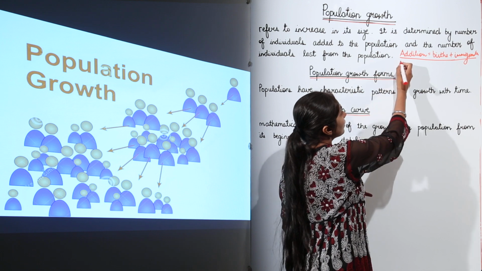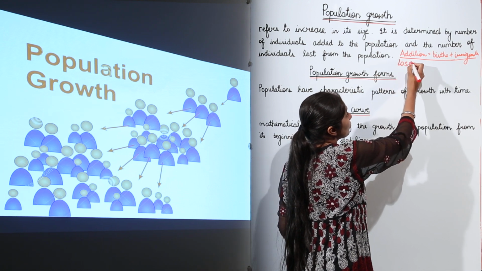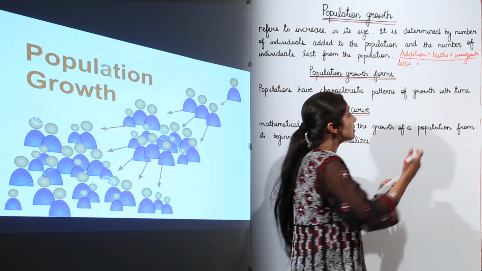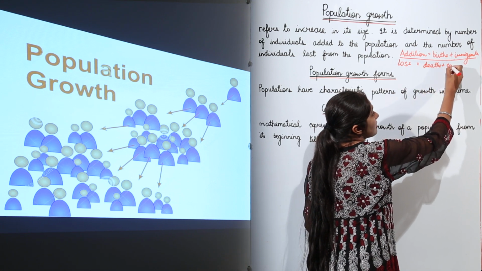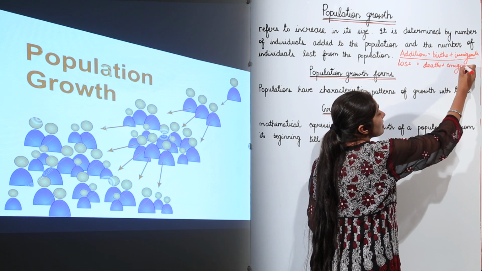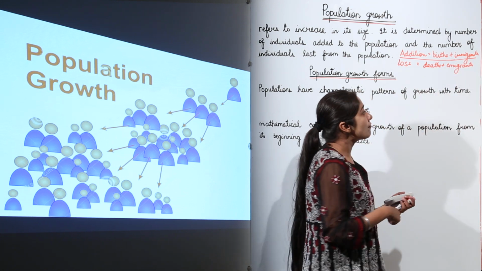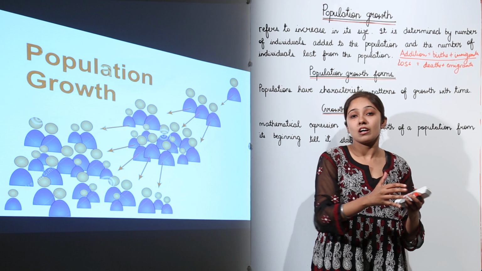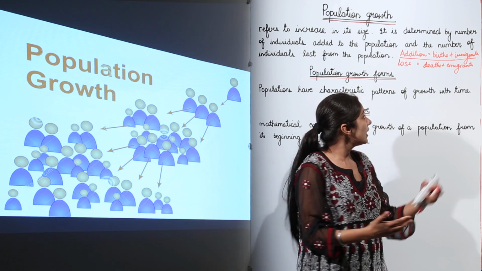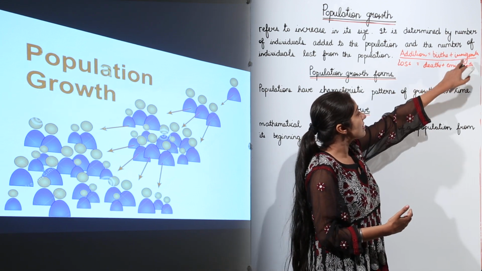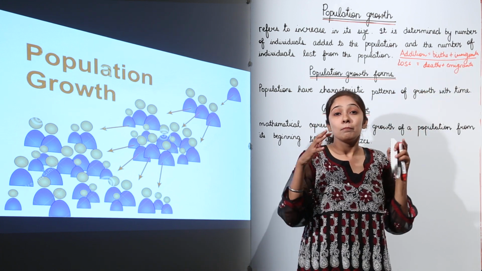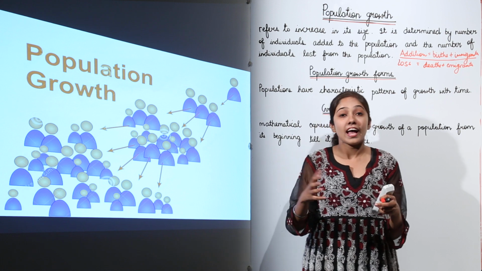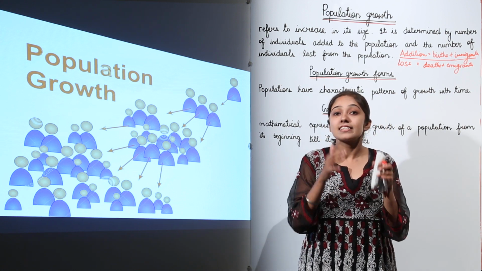And when you find out the number of lost individuals, you can find it out in terms of the number of deaths plus emigrants. Emigrants are the individuals who have permanently left a region, a state or a country. For example, many people from Nepal and China come to India and settle here.